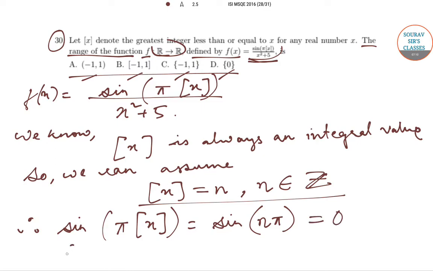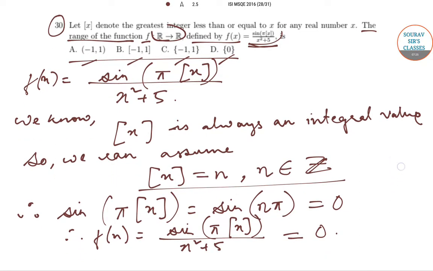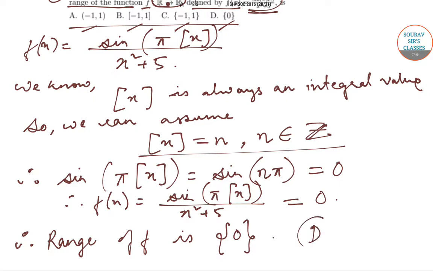This implies that f of x, which is given by sine of pi times greatest integer of x upon x square plus 5, is equal to 0. So the range of f is given by the singleton set, which has the value 0, and this is the option D.